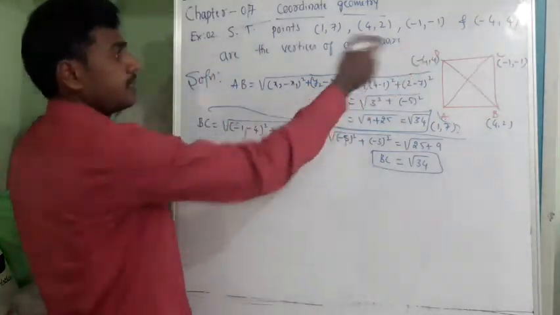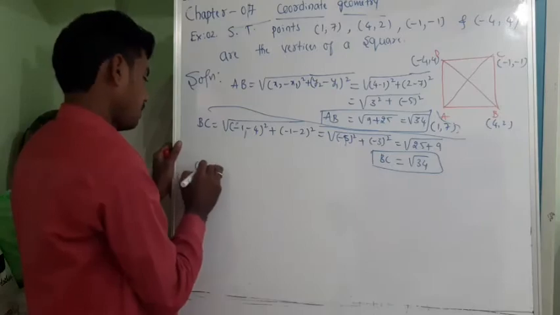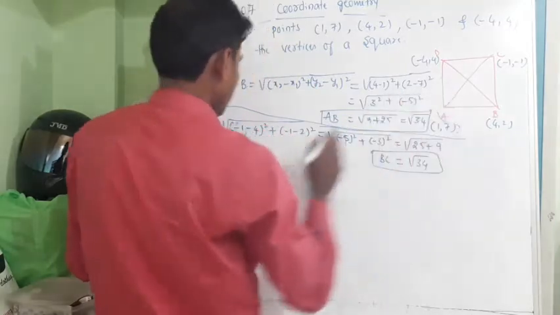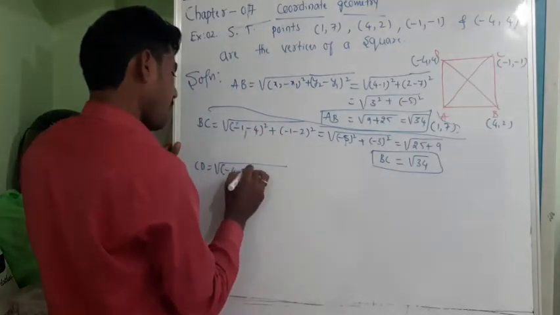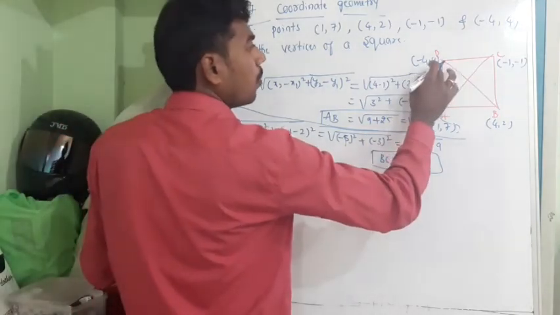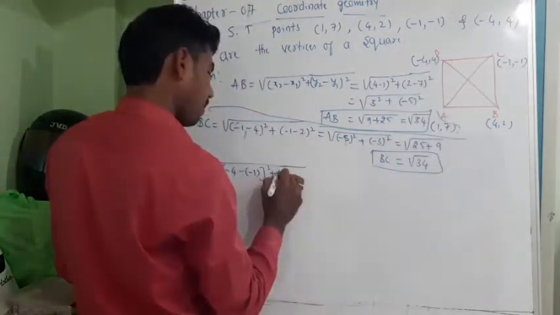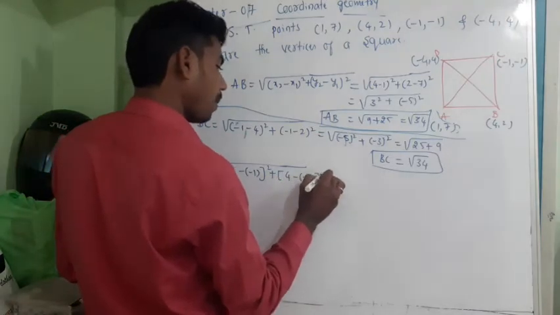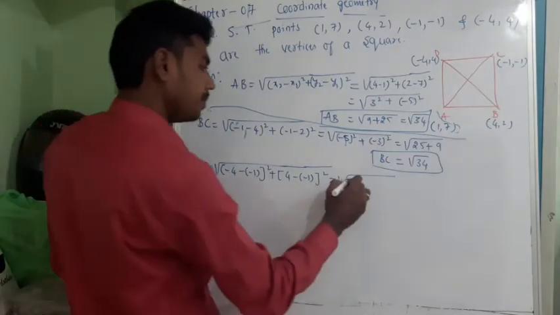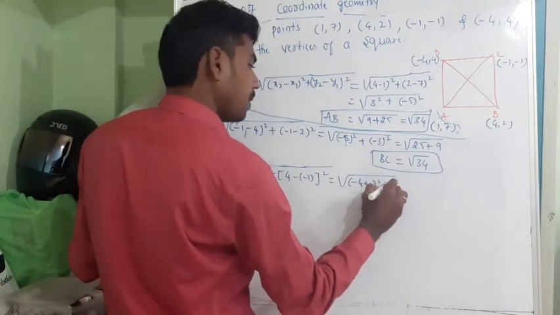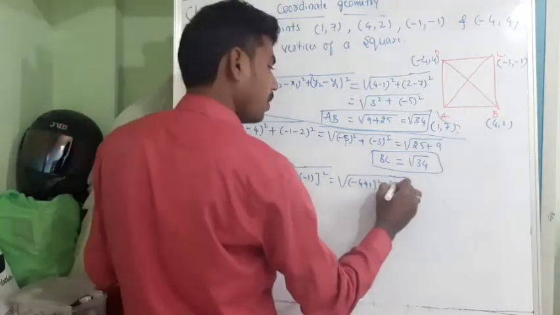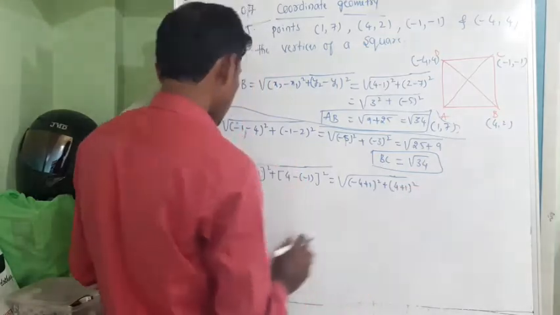Next, CD. Again square root of (-4 minus of minus 1) whole square plus (4 minus of minus 1) whole square, which is equal to (-4 plus 1) plus, 4 minus of minus 1 is 4 plus 1 whole square.